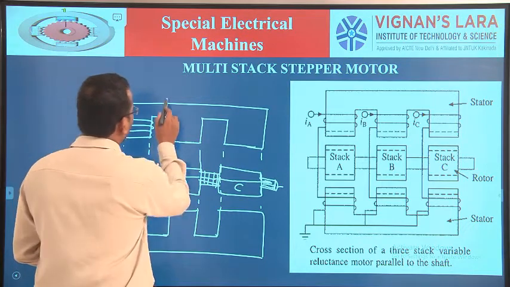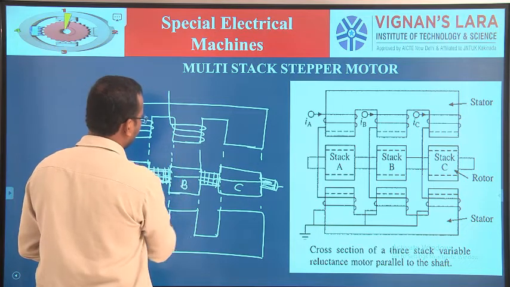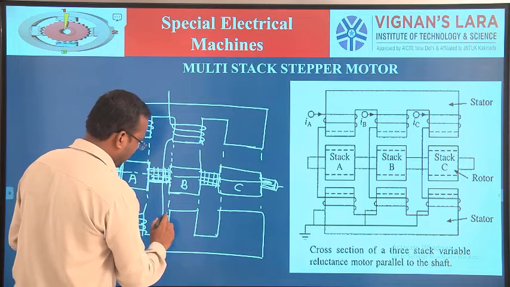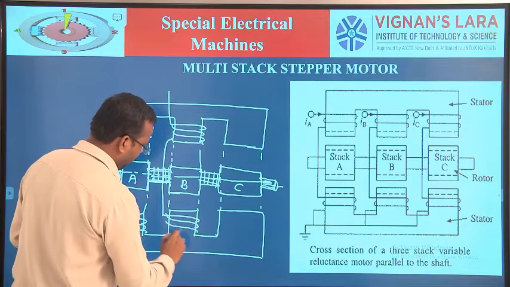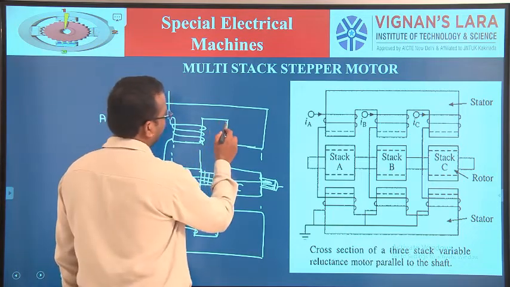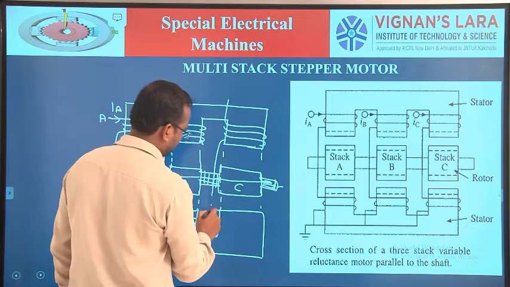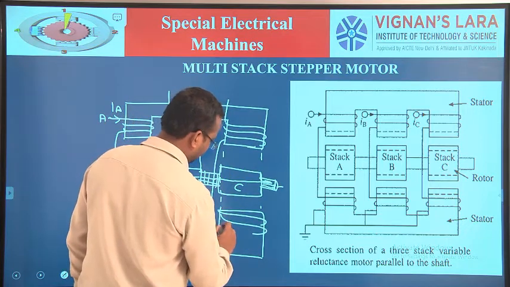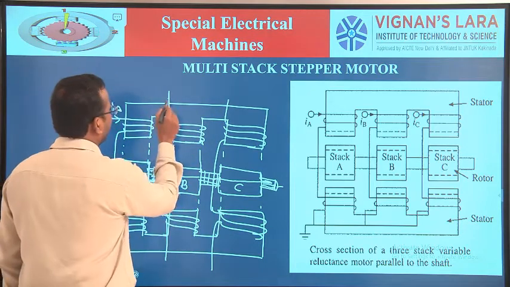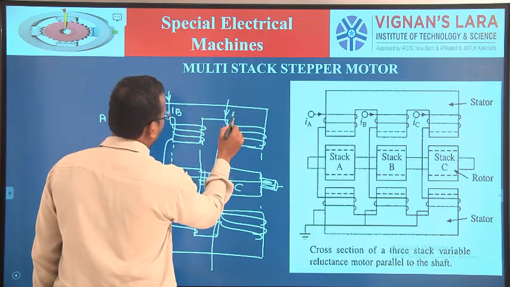Then similarly, we have phase B. It is also connected in series to the other phase of the stack. In a similar fashion, phase C. This carries current IB, this carries current IC.